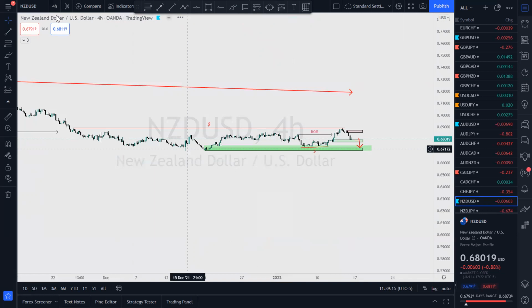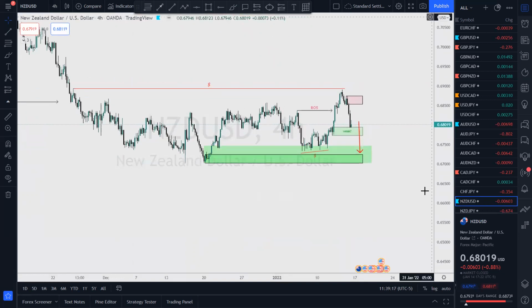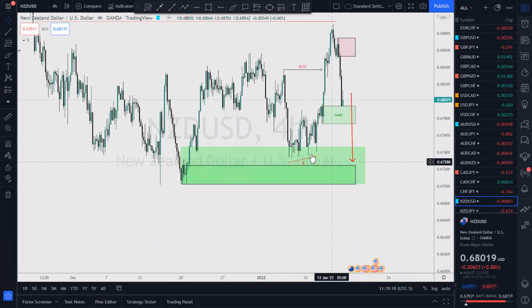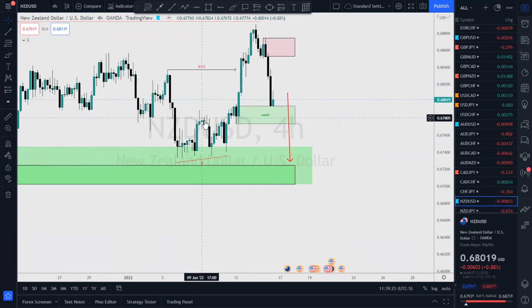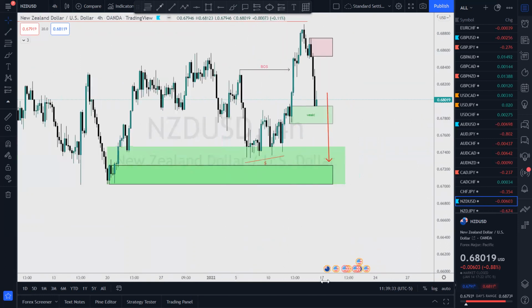All right, so we're going to go to the 4 hour and take a good look. We had a break of structure to the upside here, right? Like I said, I was calling for a short. We got that short, and then it recovered, and we could have taken another short, and this was Tuesday, and then it turned around, boom. So I took that one on the chin.